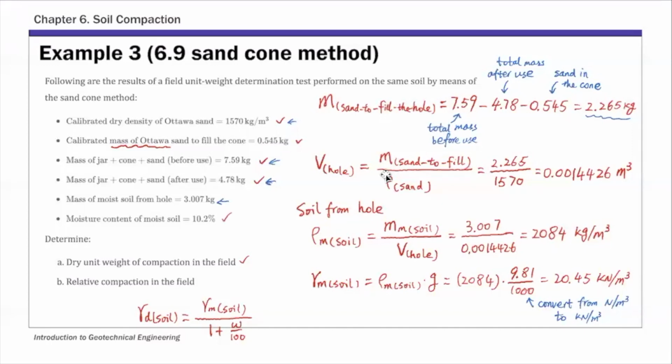So if you substitute numbers again, 20.45 divided by 1 plus 10.2 over 100. So that gives you the dry unit weight in situ. So that's the dry unit weight of compaction in the field. This is 18.56. Again, this is dry unit weight in the field.